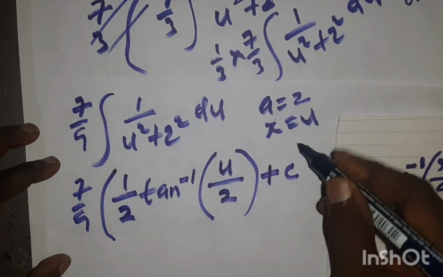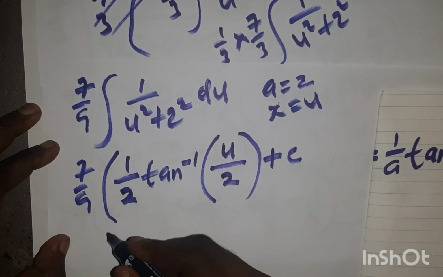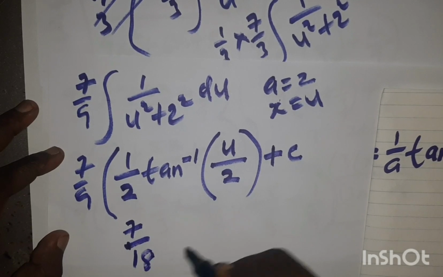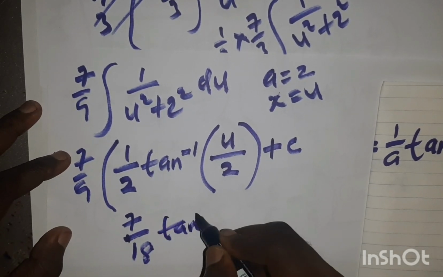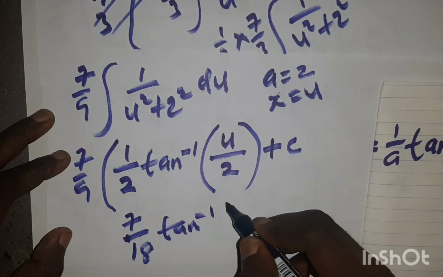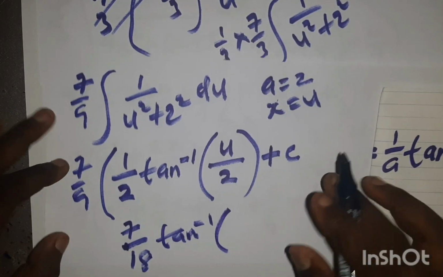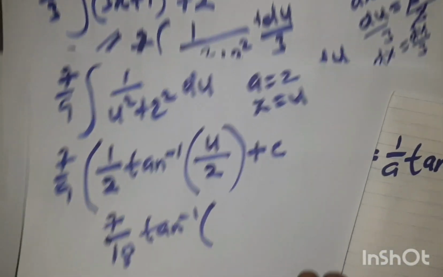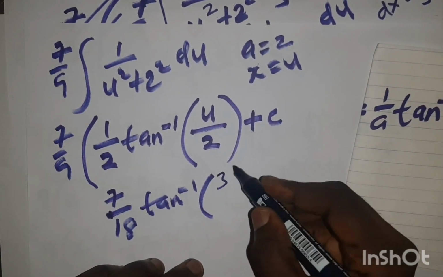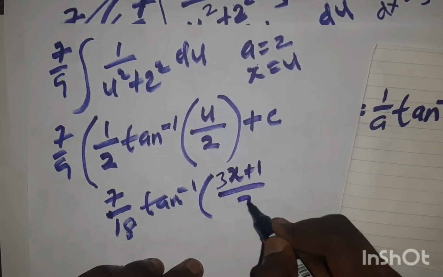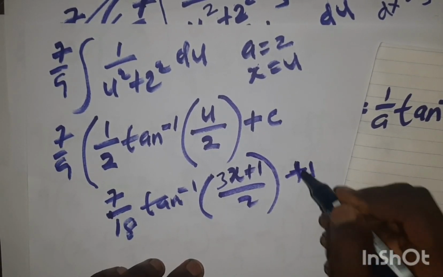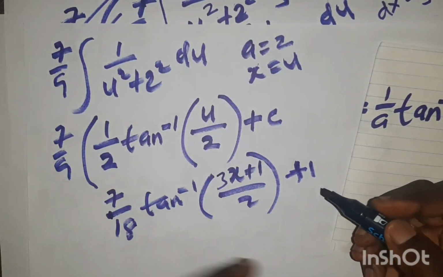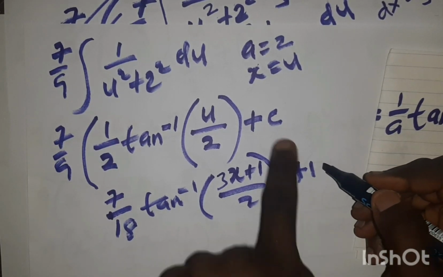Then of course I can open this one, so this will be 7 over 18 tan inverse, what is my u? My u is 3x plus 1, so that's 3x plus 1 over 2, then plus c. Mind you, I'm not multiplying this with this. This shouldn't be here at the initial stage. I just added it. So then plus c rather.